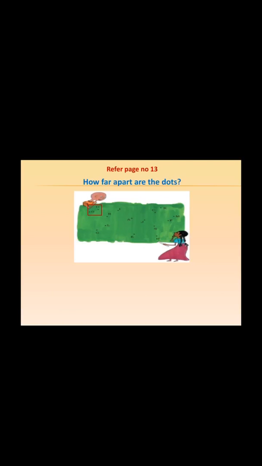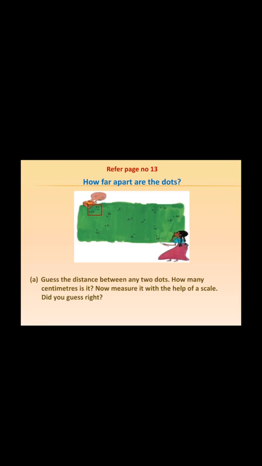Page number 13. How far apart are the dots? Children, here you can see the dots in the picture. Guess the distance between any two dots. How many centimeters is it?